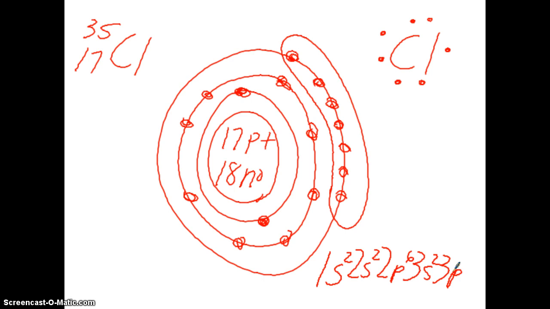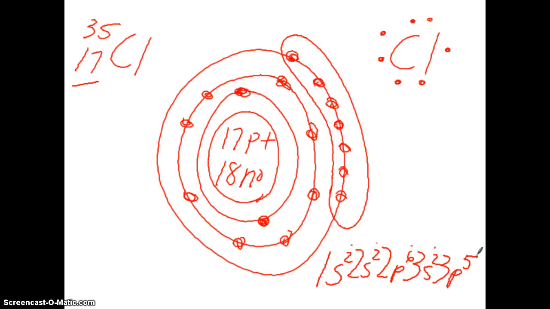Let's make sure, because we want to only go up to 17. And 2 plus 2 is 4, plus 6 is 10, plus 2 is 12. I know that the P holds 6, but I only need 5 to get up to 17. So that would be the electron configuration for chlorine.